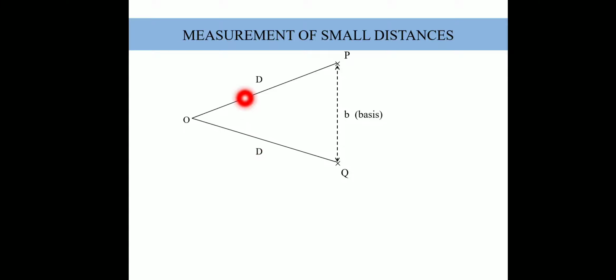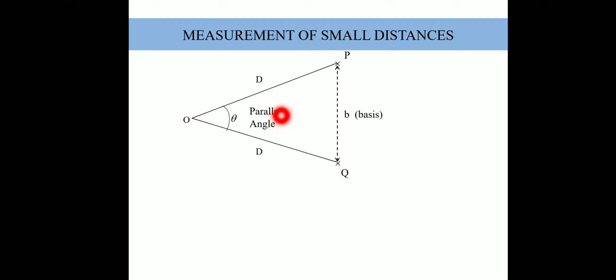Also, using instruments and technology, we find the angle between these two observation lines. This is the first observation line and this is the second observation line. The angle between these two observation lines is known as the parallax angle, or sometimes parallactic angle.